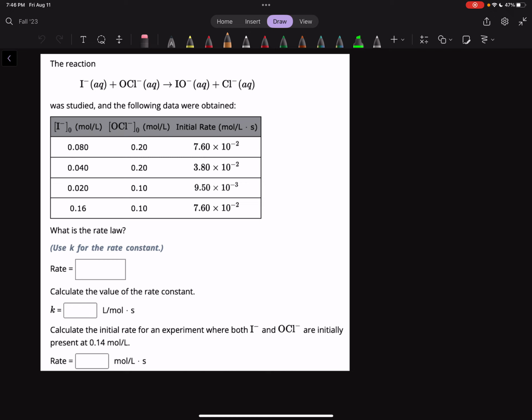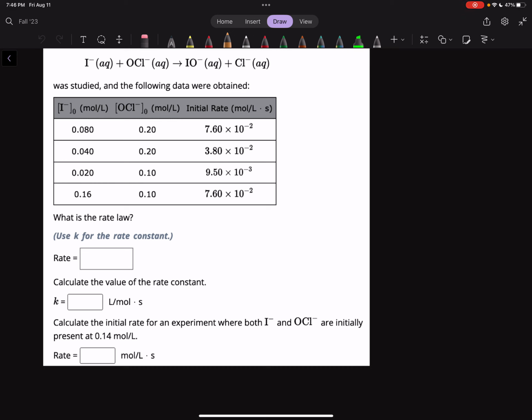So it basically asks us to write the generic form of the rate law, which is going to be k times the concentration of I minus to the n, times the concentration of OCl minus to the m.